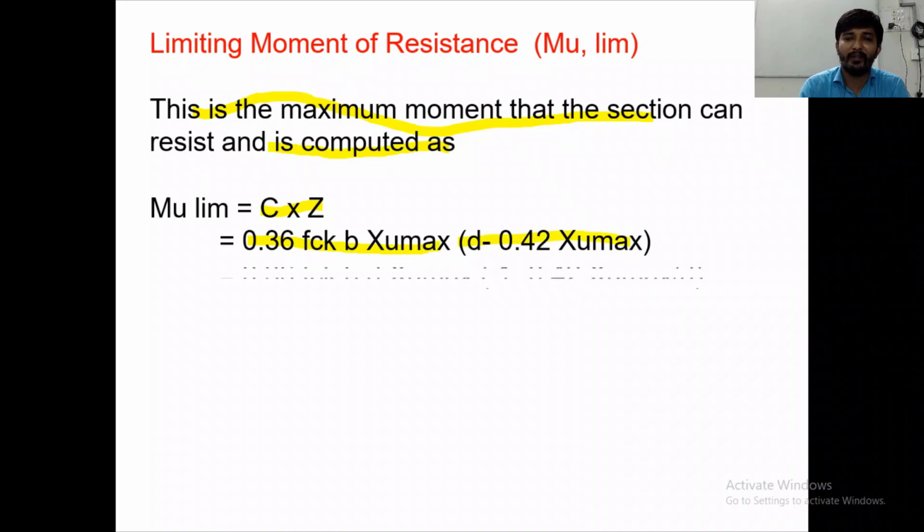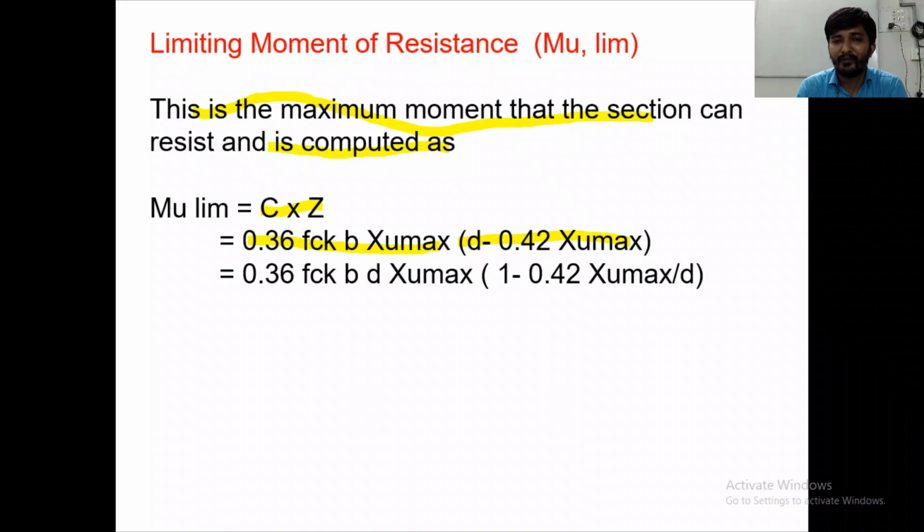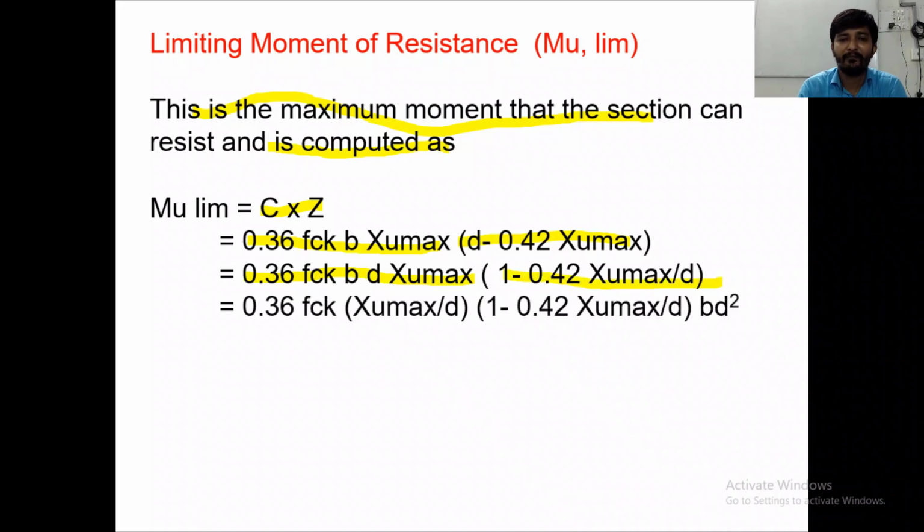Again you convert this XU max in terms of XU max by D. So 0.36 FCK BD into XU max into 1 minus 0.42 XU max by D. Again you divide the equation by D. So 0.36 FCK XU max by D, and 1 minus 0.42 XU max by D, BD square.